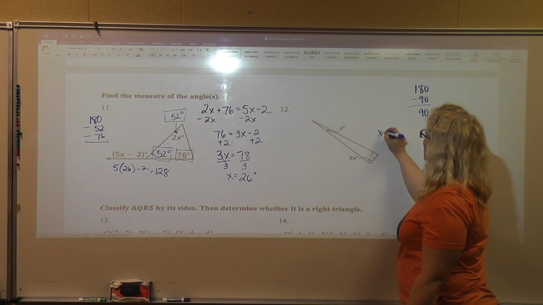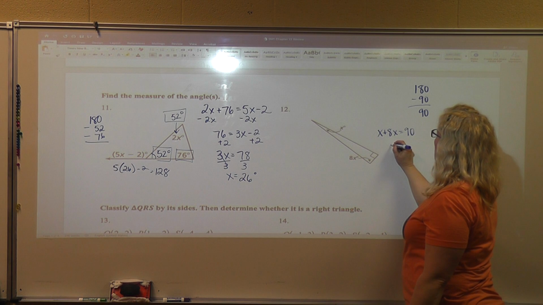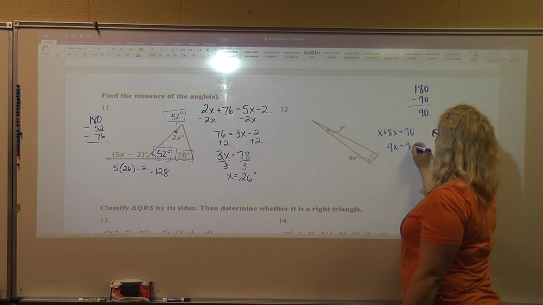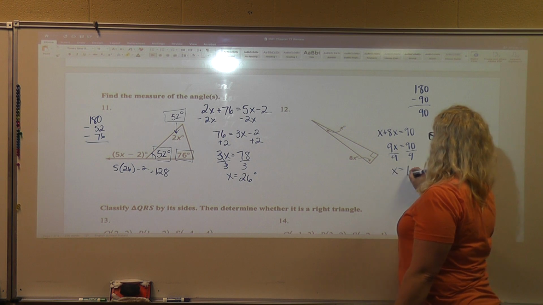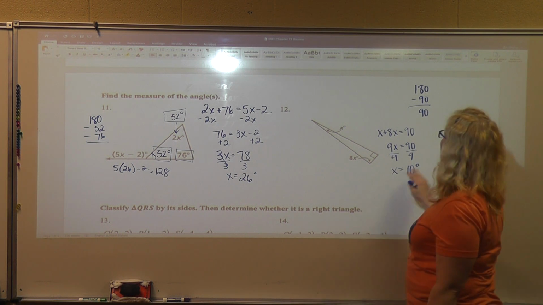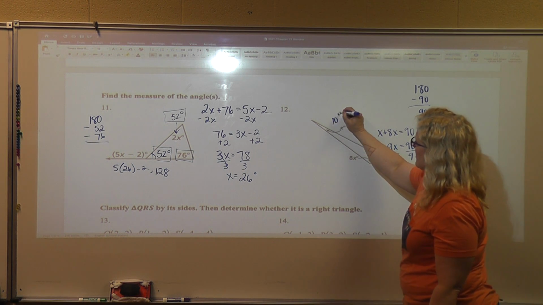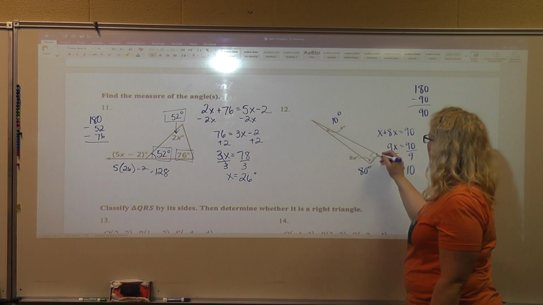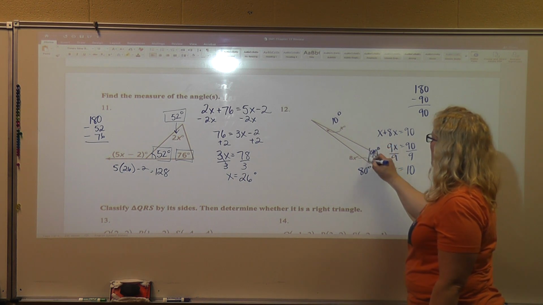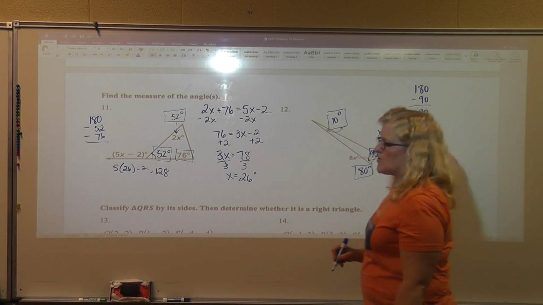So x plus 8x equals 90. So 9x equals 90, divided by 9, x is 10 degrees. So we put that in, it's 10 degrees. 8 times 10 is 80 degrees. And this is 90 degrees. So those are your answers to number 12.